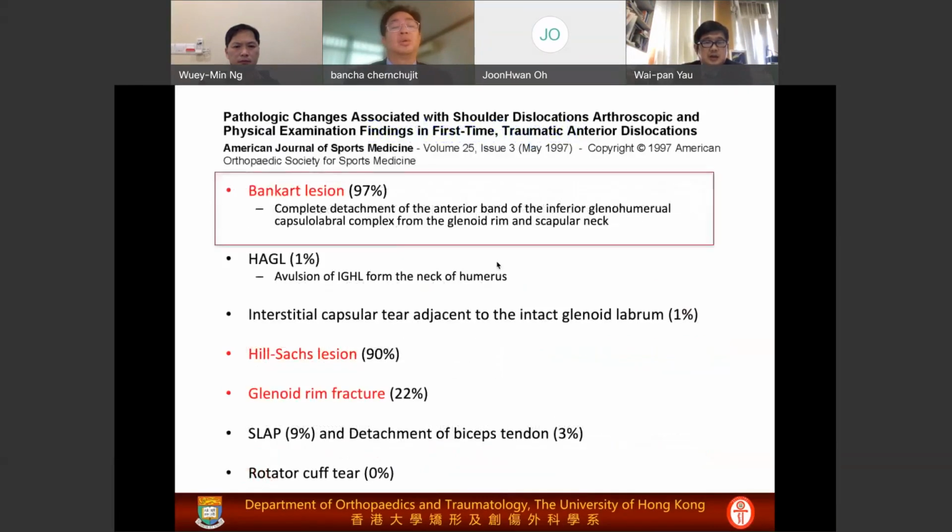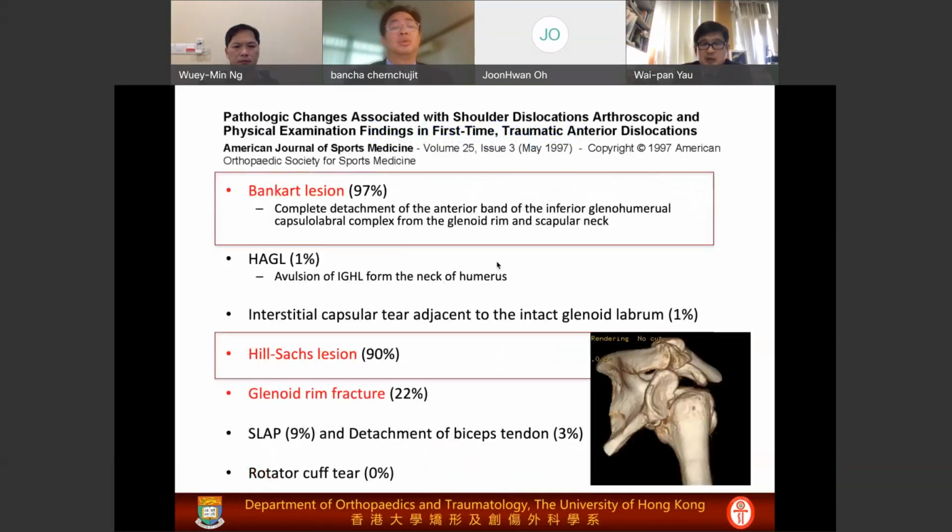So the other thing that we need to tackle is the Hill-Sachs lesion. We all know that the Hill-Sachs is an impaction fracture over the posterolateral aspect of the proximal humerus due to the dislocated humerus engaging inside the anterior part of the glenoid. It happens in 90%. It can be small, it can be big.